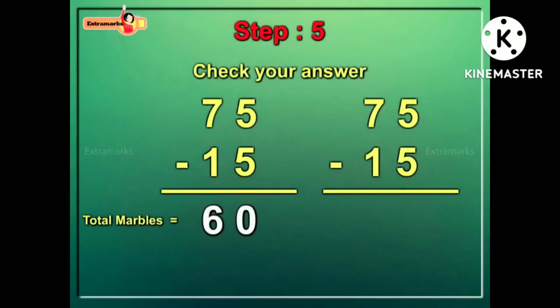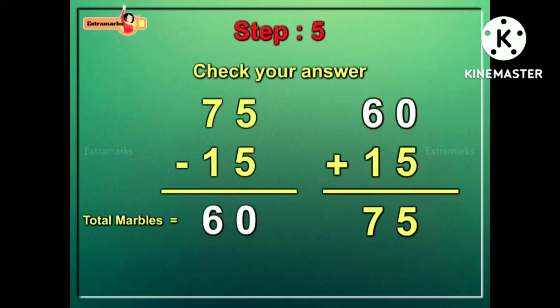Check your answer. Does your answer make sense? Have you calculated it correctly? Ria has fewer marbles after she gave some to her sister. The answer makes sense, as 60 plus 15 equals 75.